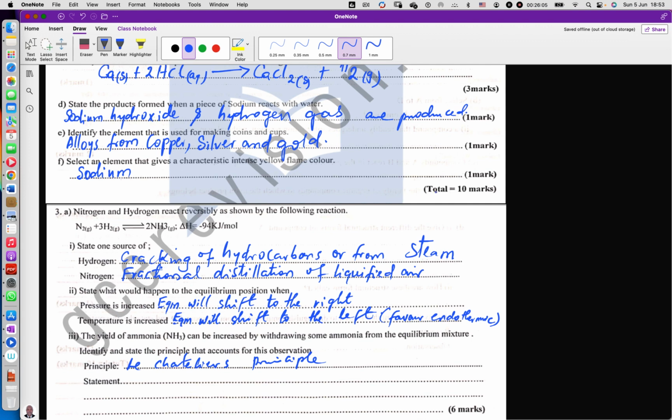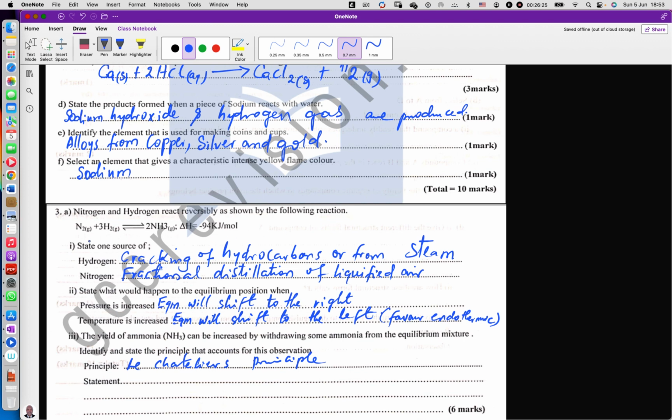Question number 3 has to do with equilibrium and reversible reaction. We are starting with 3A. Nitrogen and hydrogen react reversibly as shown by the following reaction.